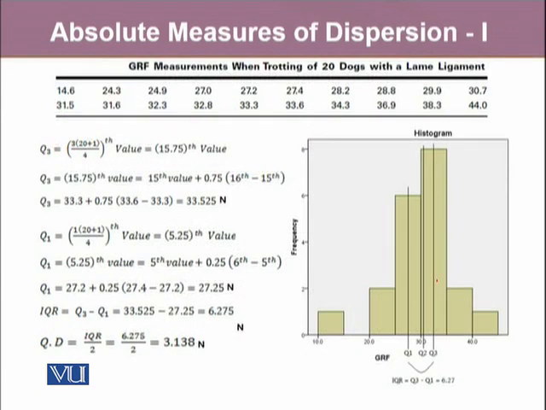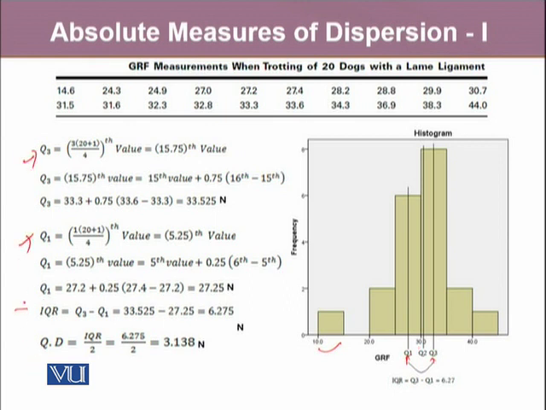If we look at the same example we talked about earlier, from the histogram we can clearly see that there is one outlying observation, but we have Q1 right there, Q3 right there, and Q1 and Q3 are actually not getting affected by this outlying observation. Whereas the median is 30 point something, and it goes on for the other values. We use the usual method for Q3 and Q1.